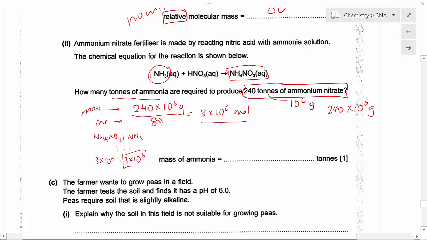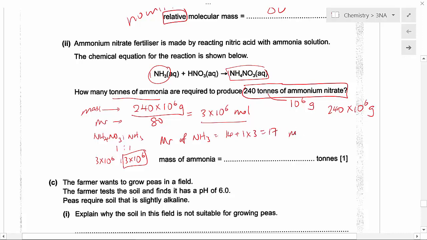So for this number of mole, for the mass, I must find the Mr of the ammonia first. Mr of NH3 equals 14 plus 1 times 3, 17.